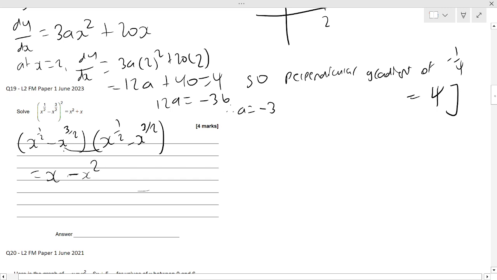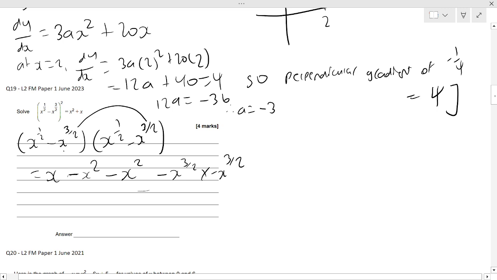And then we do the same here. So x to the minus 3 over 2 times x to the half. Again, it's going to be another negative x squared. Again, 3 over 2 add a half is 4 over 2, which is 2, and then make it a negative. And then we do the same with the last bit here. Minus x to the 3 over 2 times by minus x to the 3 over 2.